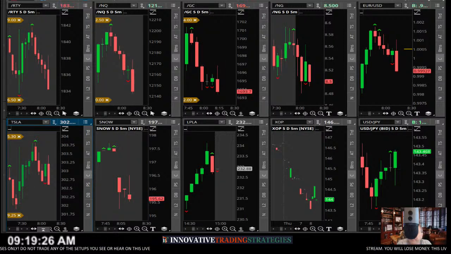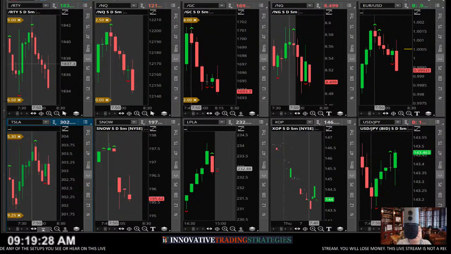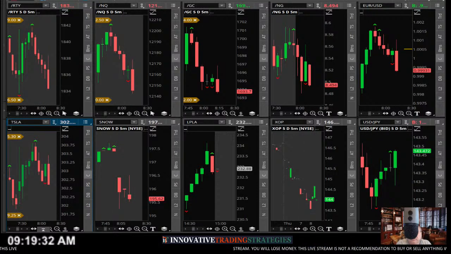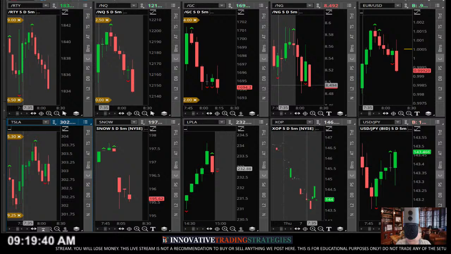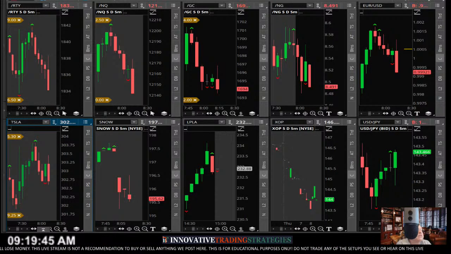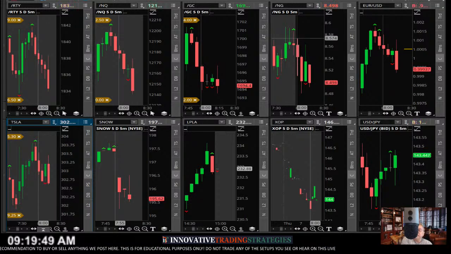Definitely don't recommend trying to trade 2 indices because a lot of times they will trigger at the same time and you're just not going to be able to get in and manage that effectively. So gold's kind of a slow mover, which is really good when you're looking at trading RTY or even the mini NASDAQ. Silver's a good one, which I don't have up here, but we do track silver.